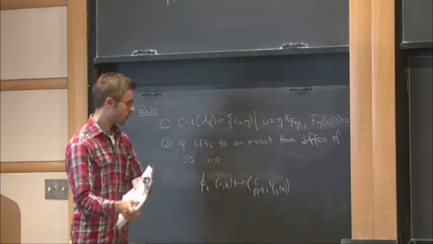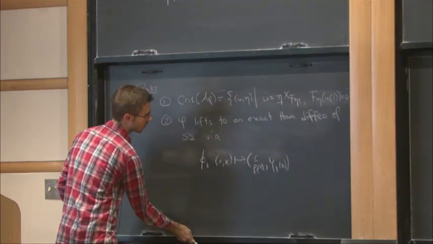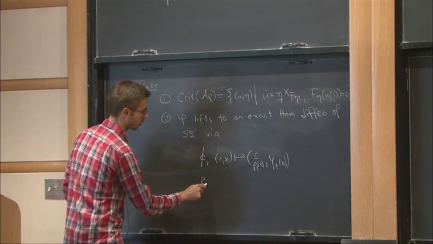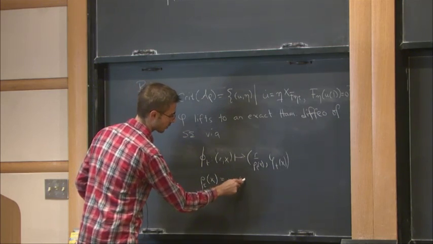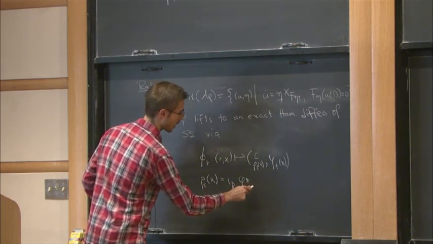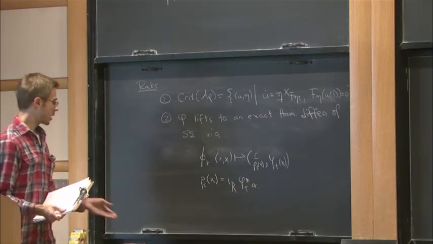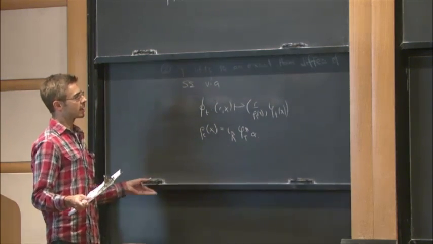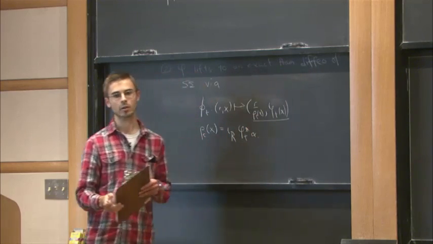So the second component is sigma, the first component is r, and rho is what you have to modify the contact form by. So rho_t of x is equal to, if you put the Reeb vector field in the pullback of alpha here.